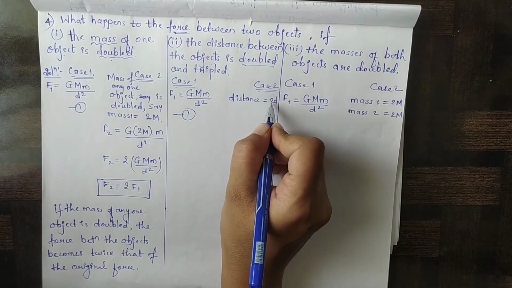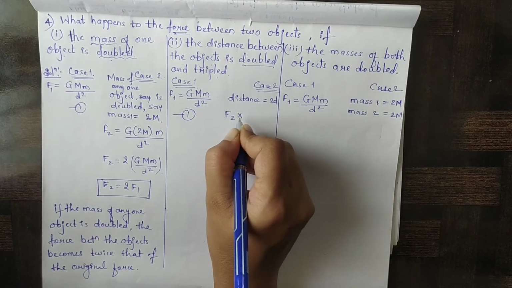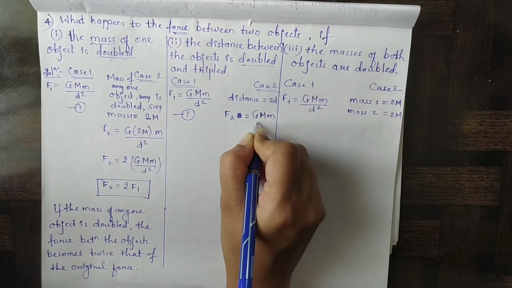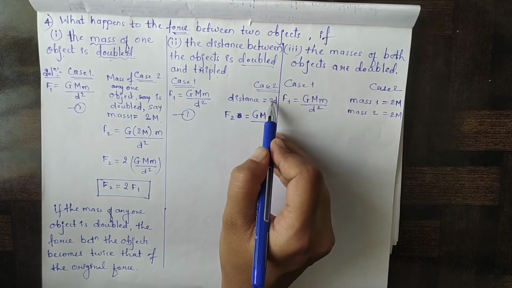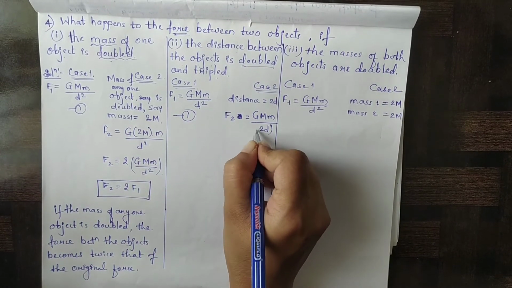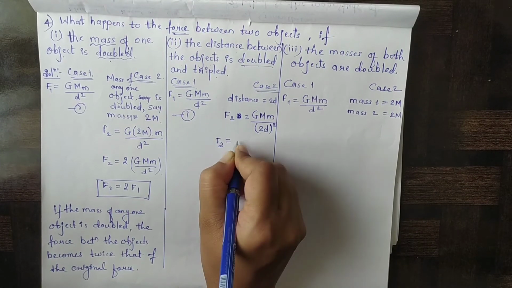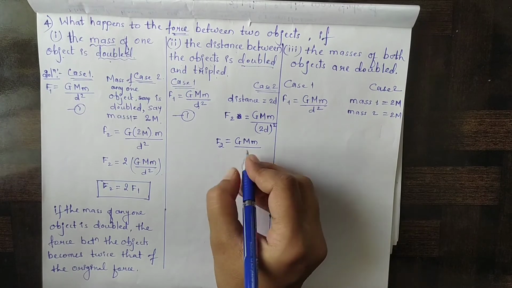If the distance is doubled, the force will become F2 is equal to G M m upon, instead of D we write twice D, so twice D whole square.